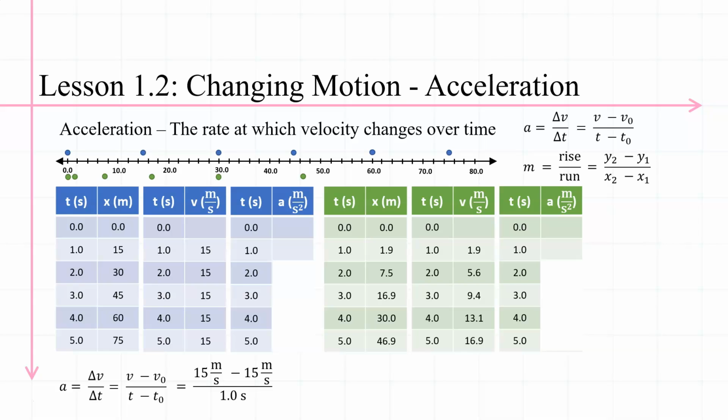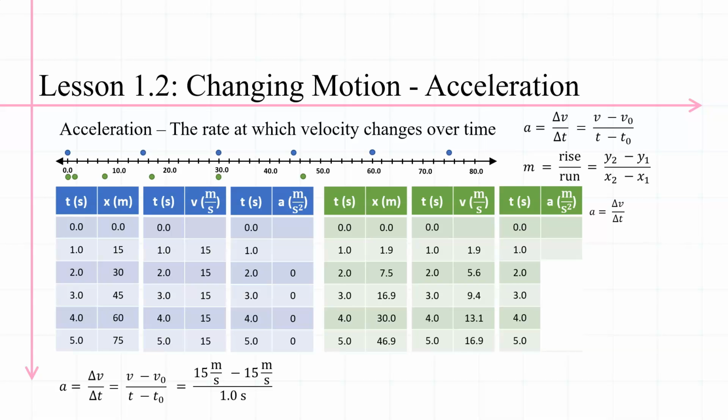So it doesn't matter how much time elapses in the denominator of this because the numerator is always 0. And that means that our acceleration is always going to calculate to be 0 for an object moving at a constant speed. But does that make sense that an object moving at a constant speed is not accelerating? It has 0 acceleration.